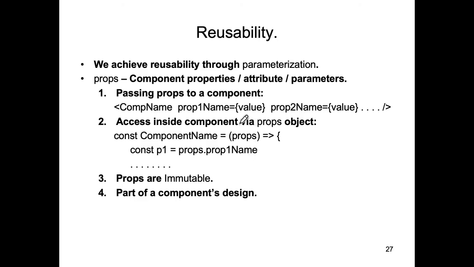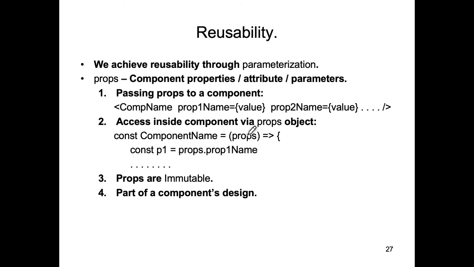Here then I'm explaining how you access those parameters. So it turns out that at runtime, the React engine creates an object, and that object contains these key value pairs that you're passing into the component. By convention, the object is called the props object, and that props object is passed as a parameter to your component function implementation.